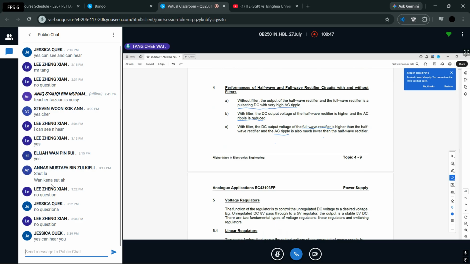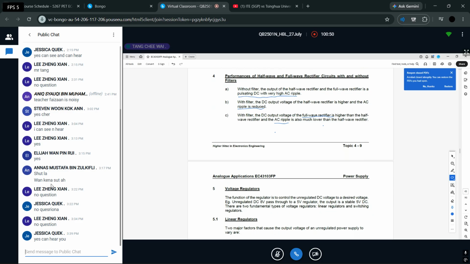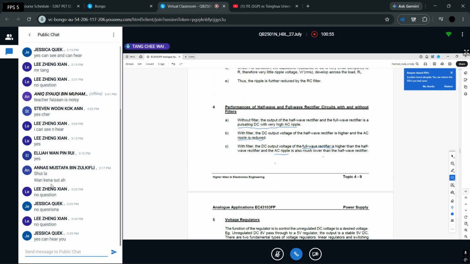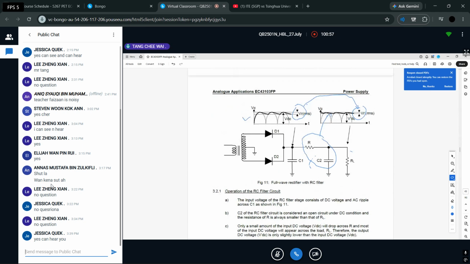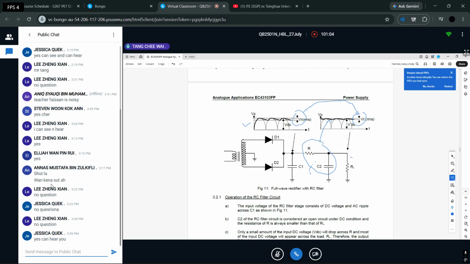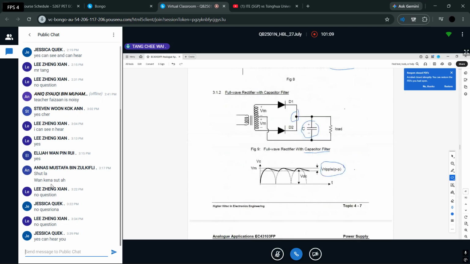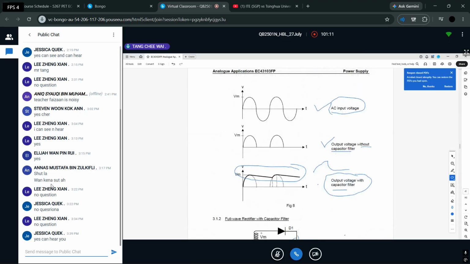Now we move on to the next thing. Okay, you're not sure, then I go back a bit. I show you what it means. For the full wave, the ripple voltage looks like this, very close and very low. But if it's a half wave, it's what we saw just now in the example given. Not this one, this is a full wave. This one, the one I circled here, has a much higher amplitude compared to the full wave, because this is a half wave.